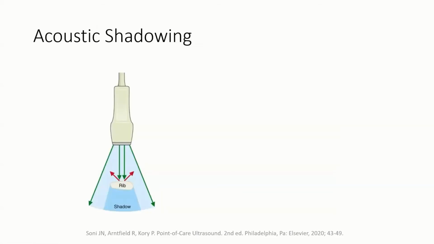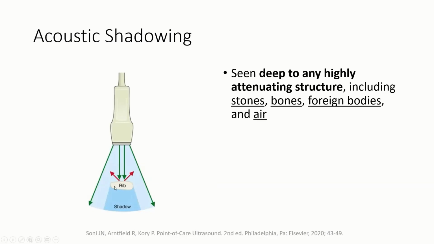Acoustic shadowing is easy to understand. The ultrasound wave is reflected here, making a shadow beneath it. It is seen deep to any highly attenuating structure such as stones, bones, foreign bodies, or air.